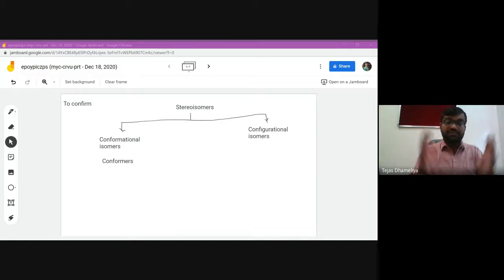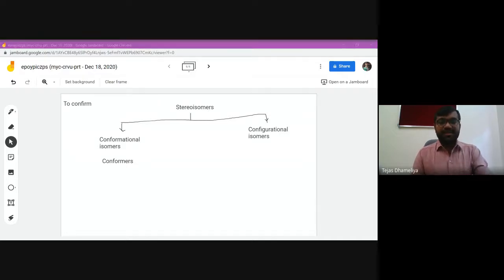Confirm and conform are different. There is only a difference of I versus O. So don't make that mistake. To confirm means to fix, to decide, to make a decision. Here it is conform.